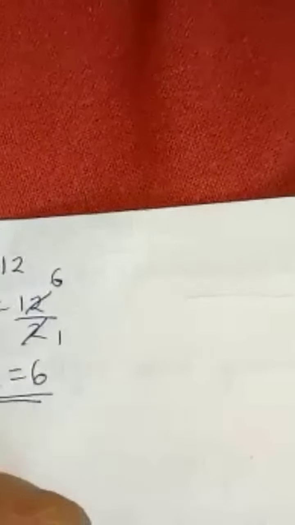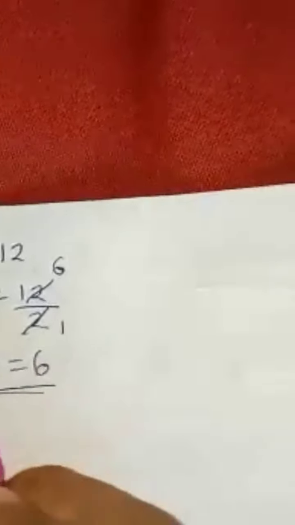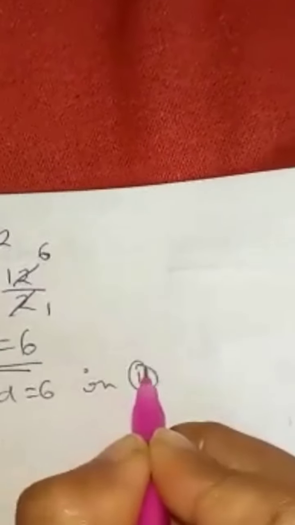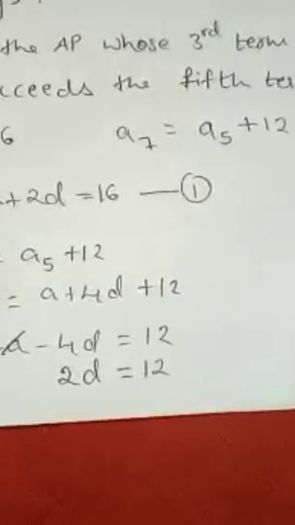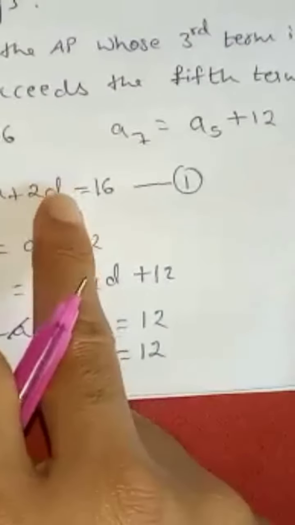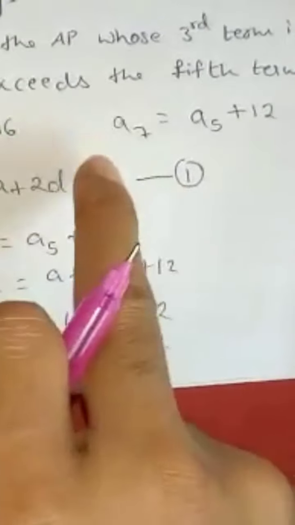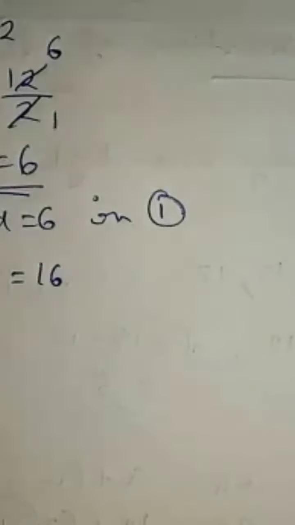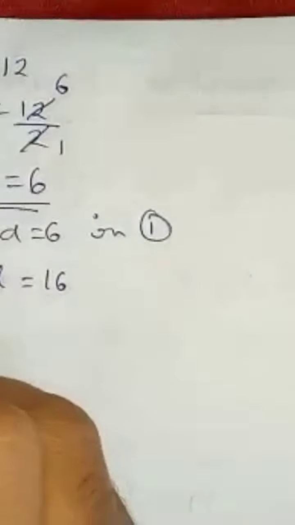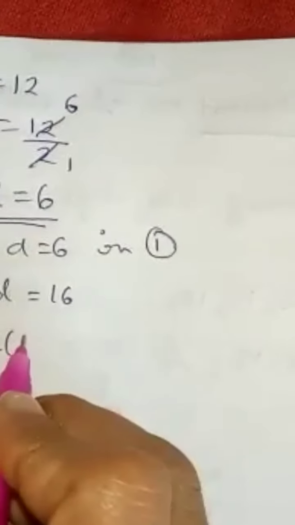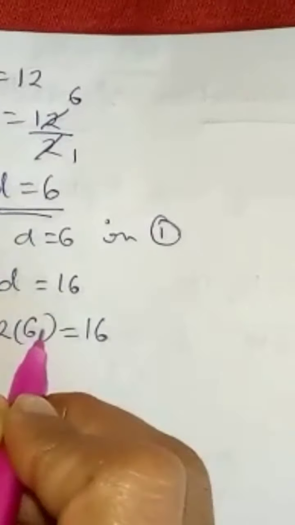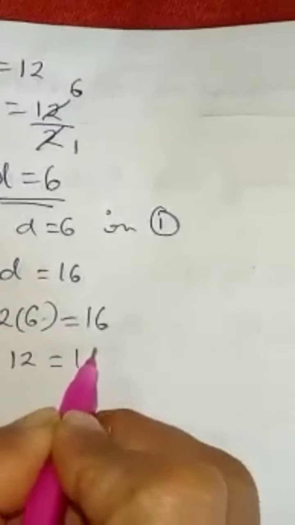Substitute d equals 6 in the first equation. What is the first equation? This, right? a plus 2d equals 16. Substitute here: a plus 2 into 6 is equal to 16. a plus 12 is equal to 16.